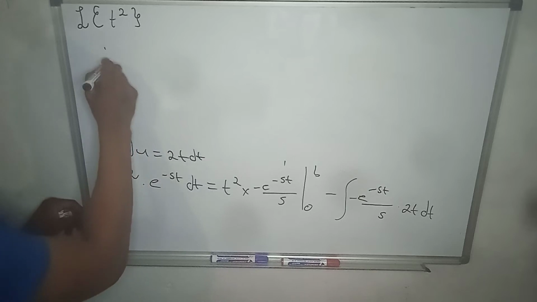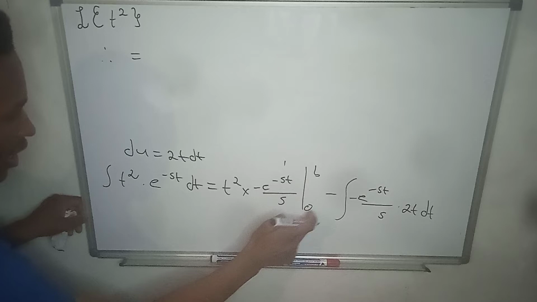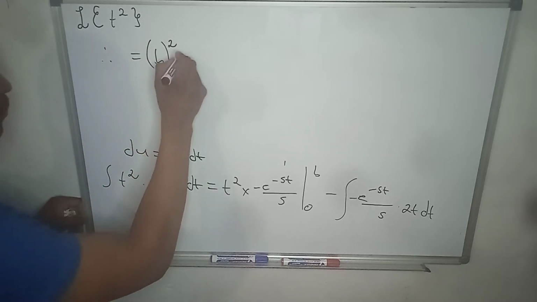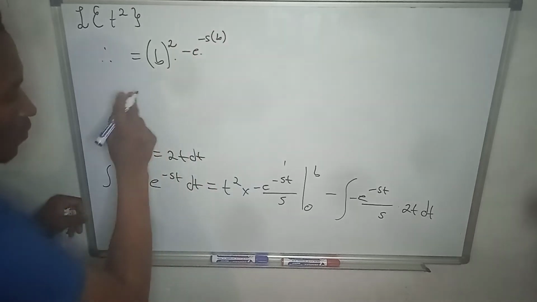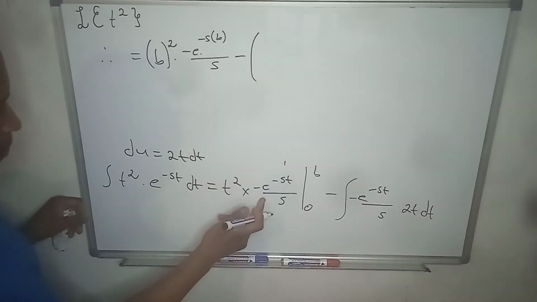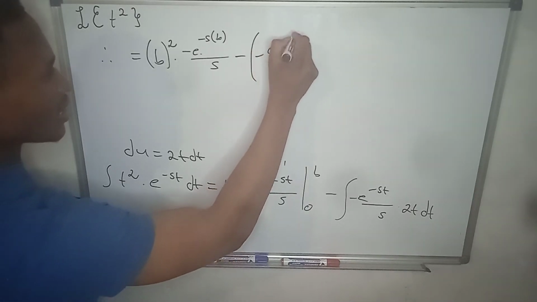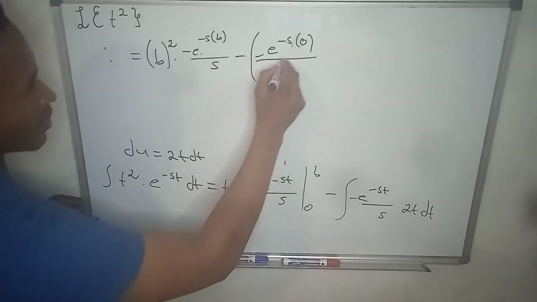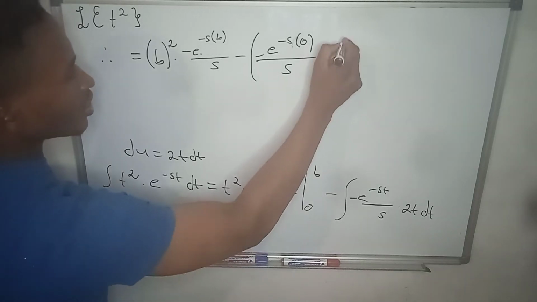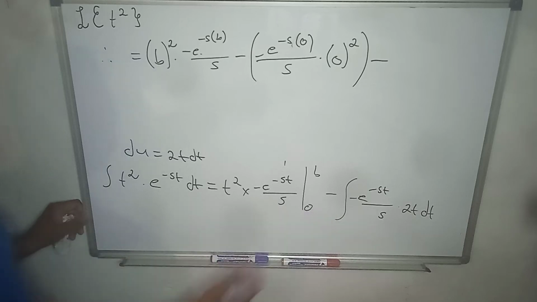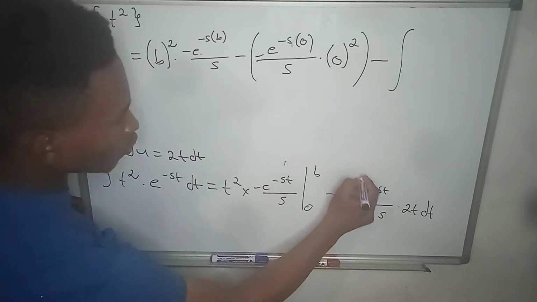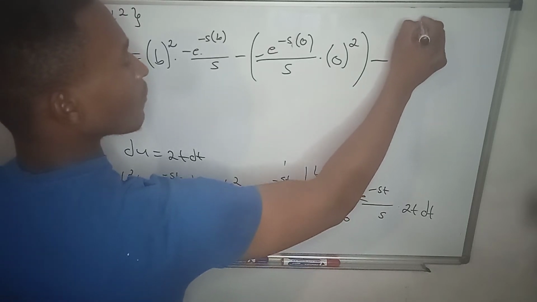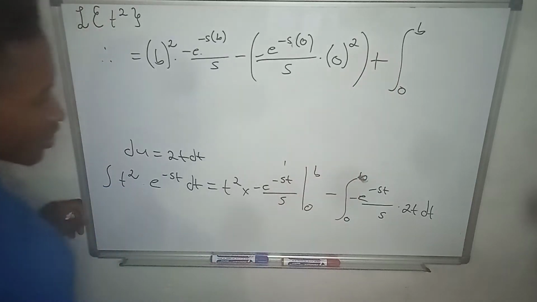So this will be the same as, if I substitute the limit here, on t squared it will be b squared multiplied by minus e to the minus sb all over s, minus, again minus e to the minus st, in this case we substitute 0, and then our s, multiplied by t squared, which is 0 squared in this case, minus this part, which is our integration starting from 0 all the way to b, or to infinity.